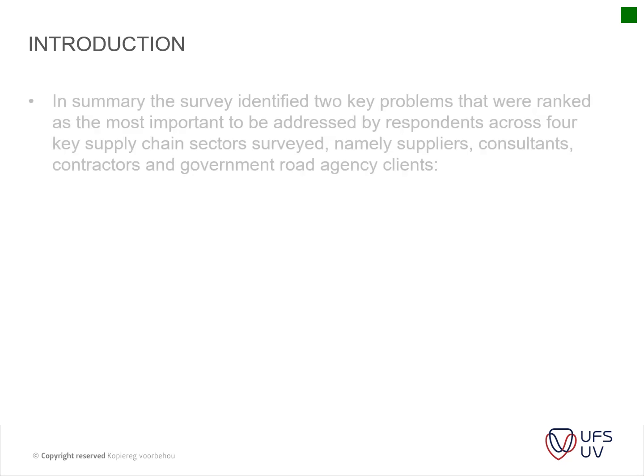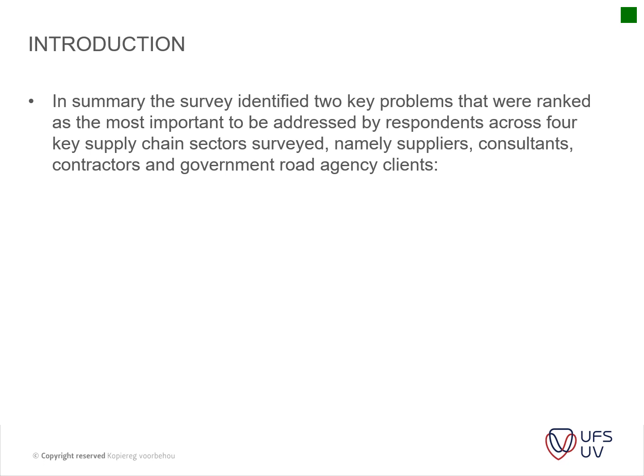So in summary, the survey identified 2 key problems that were ranked as the most important to be addressed by the respondents across 4 key supply chain sectors surveyed, namely suppliers, consultants, contractors, government. So they basically did their research and got information from suppliers, consultants, contractors, and the government.